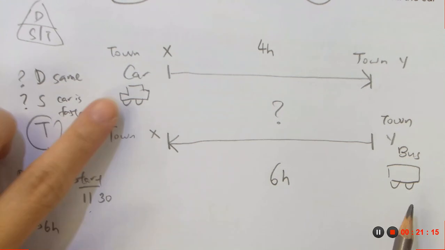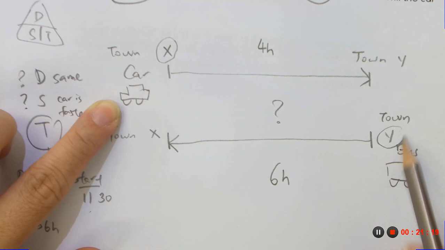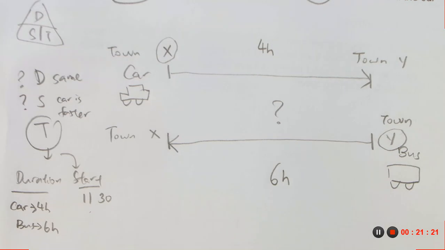The car started at X, the bus started at Y. They start from different points, one from X, one from Y. They start at the same time, 11:30 hours. The car is faster, he finished his journey in 4 hours. The bus is slower, he finished his journey in 6 hours. But it never says anything about their speed, so we have to understand ourselves that the car is faster.